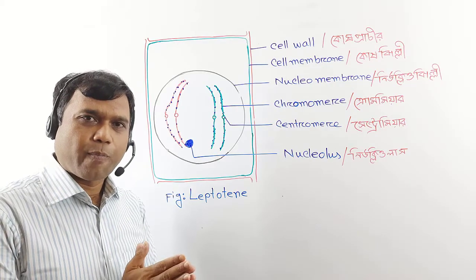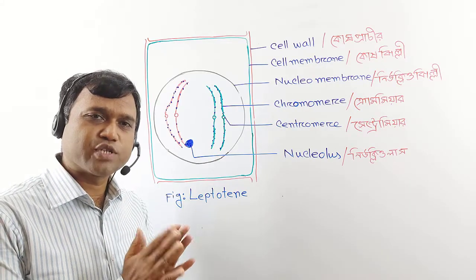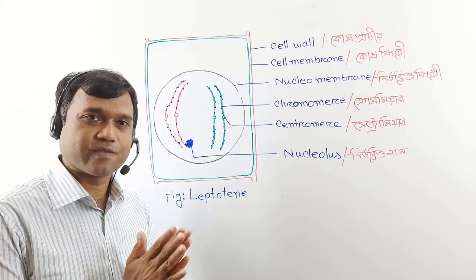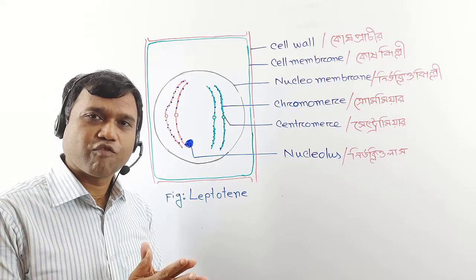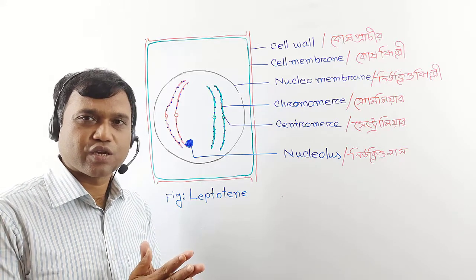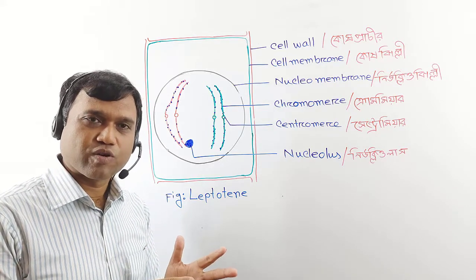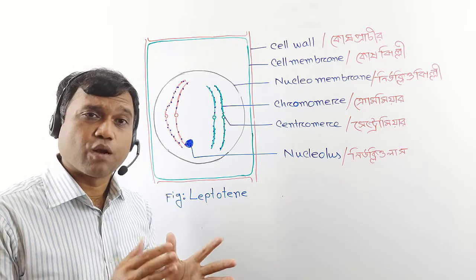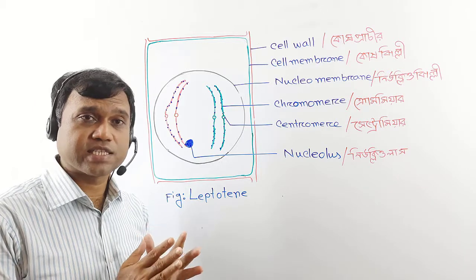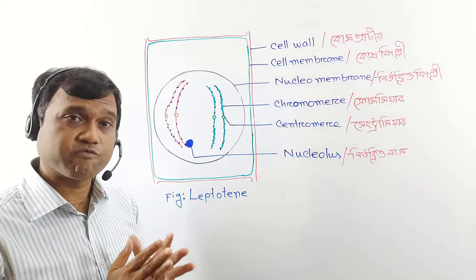We know that meiosis cell division is completed in two main stages. First, meiosis 1. Meiosis 1 is completed in 4 stages: prophase 1, metaphase 1, anaphase 1, telophase 1. Prophase 1 is the longest stage and this stage is completed in 5 substages.